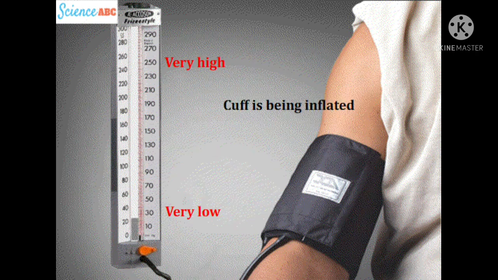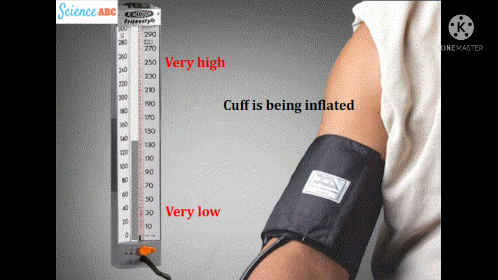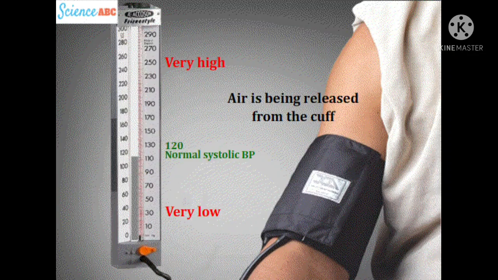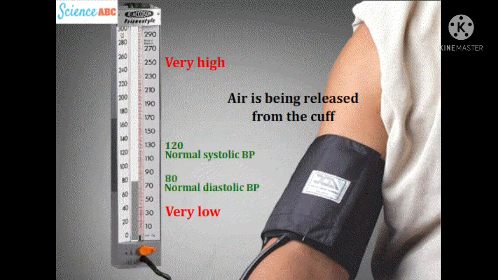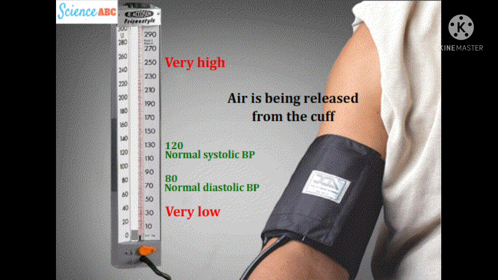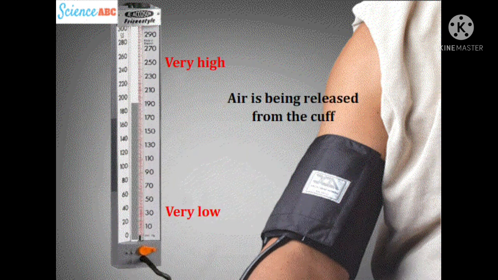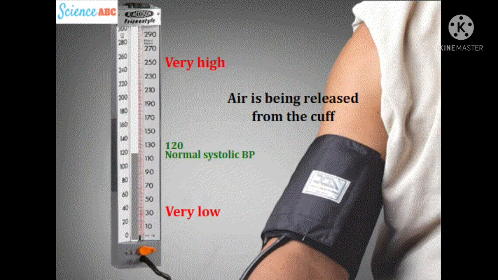Ventricular diastolic pressure is the pressure observed in the ventricles during the ventricular diastolic phase, that is, when the blood starts to refill the ventricles. It is a lesser value. It will be 80 millimeters of mercury.